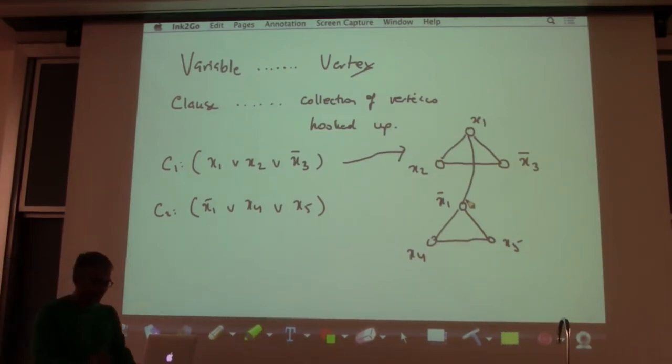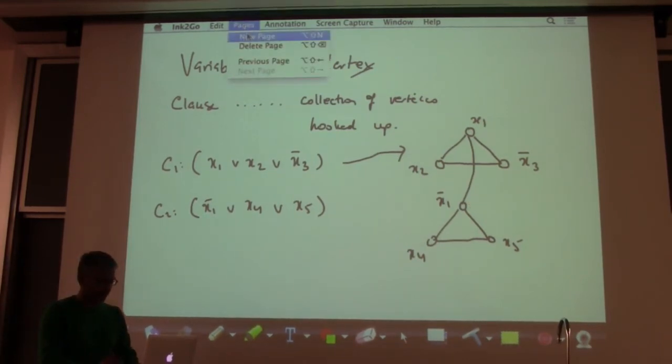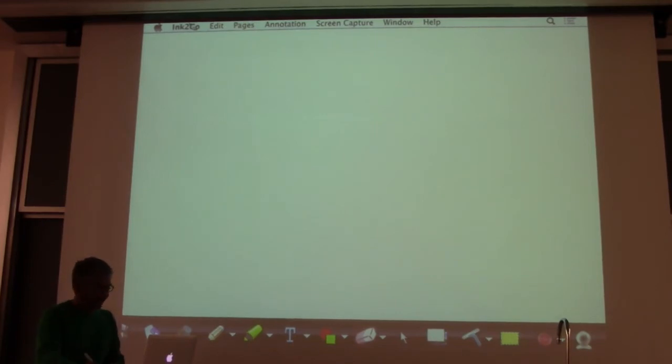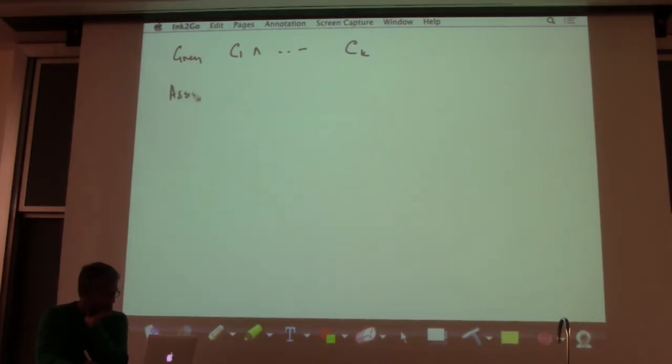So this is what our reduction is going to look like now. The actual proof is going to be: given a collection of clauses, C1 up to CK, assign a vertex to each literal of each clause.